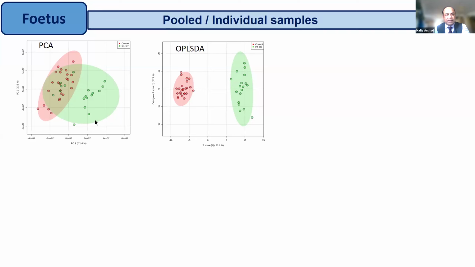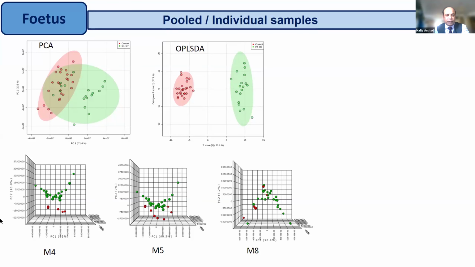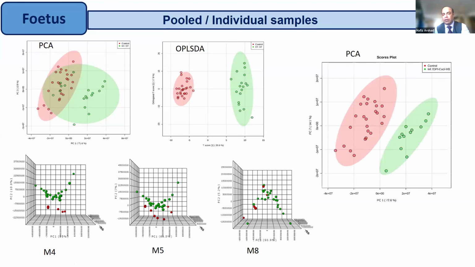When this PCA was post-mortemed, it contained three different infected samples, named M4, mouse 4, mouse 5, and mouse 8. From these 3D plots, we can see that M8 was a problematic sample which was disturbing the PCA. When M8 was removed, we got this PCA plot, which is a fair distribution of the samples and variables, whatever we should be expecting from the PCA.